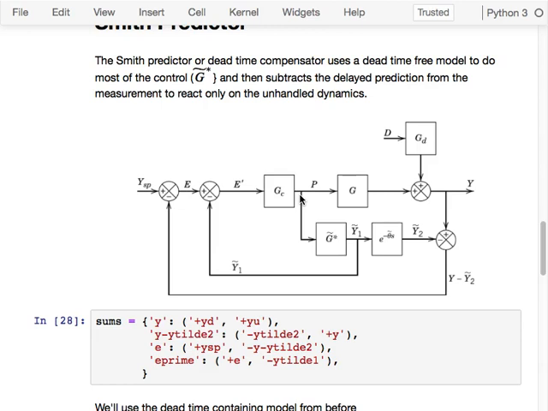Those values would be available to me. Remember, conceptually, the disturbance is not available to me. I may not even measure the disturbance. I'm simulating it here, so I know it, but it would be cheating to allow the system to see D. Does that make sense?